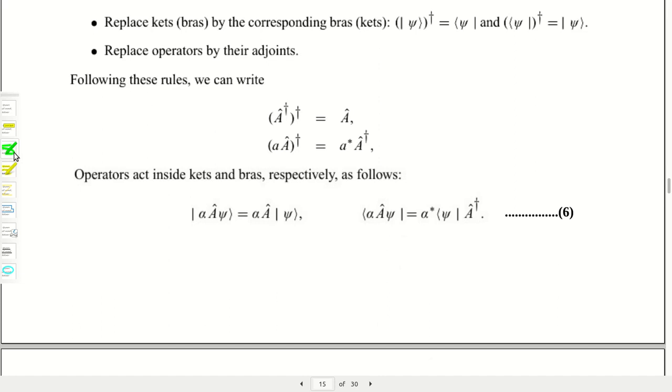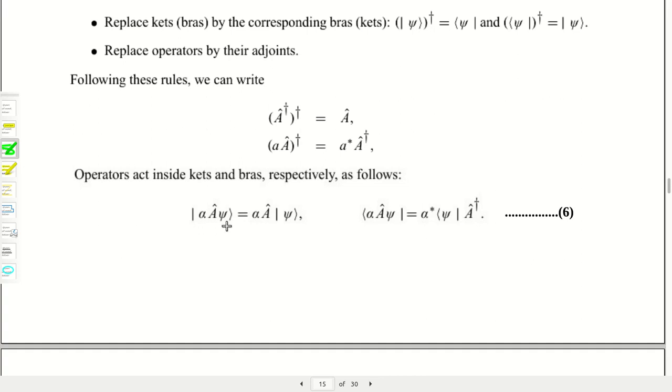This formula can also be understood very easily. See, alpha is a scalar constant, alpha A psi within a Ket. Let us understand the meaning of A psi.